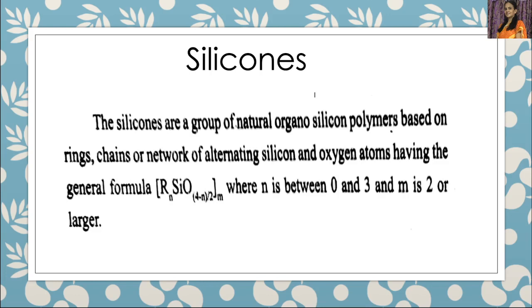Silicones are a group of organosilicon polymers based on rings, chains, or networks of alternating silicon and oxygen atoms, having the general formula SiO 4 minus n by 2.